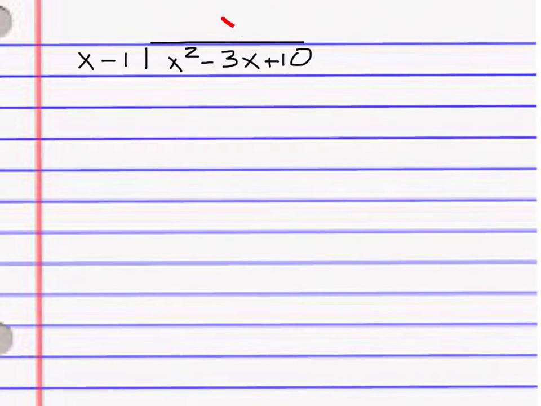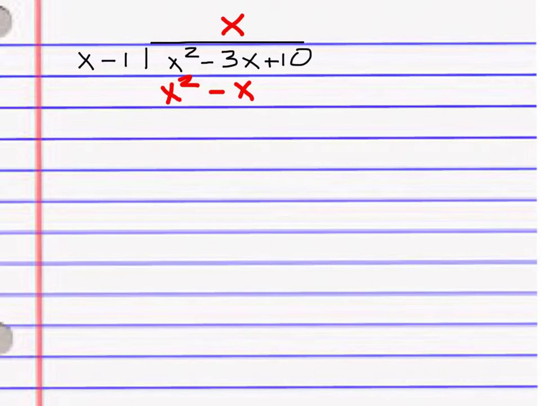So we put an x here. And now what do we do with that x? Multiply it by x minus 1. So x times x is x squared, and x times a negative 1 is negative x.